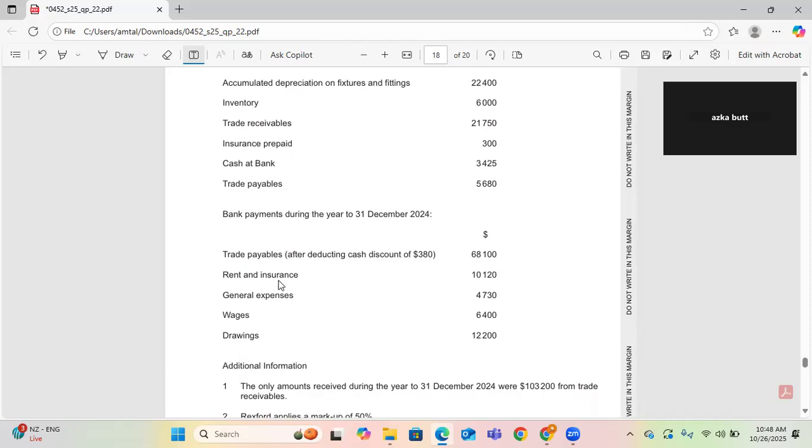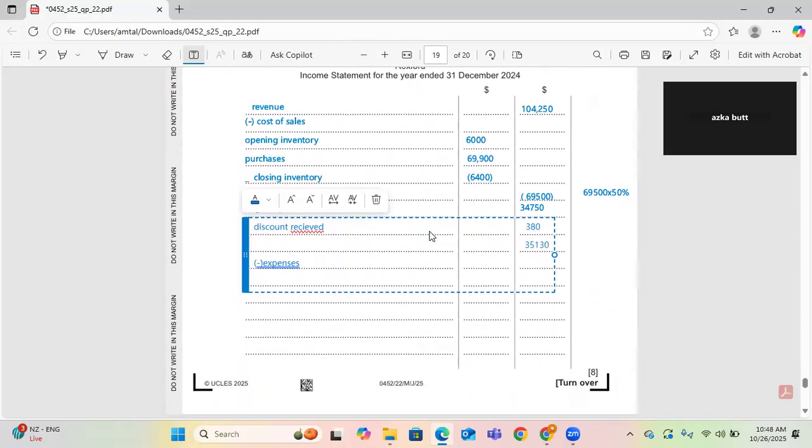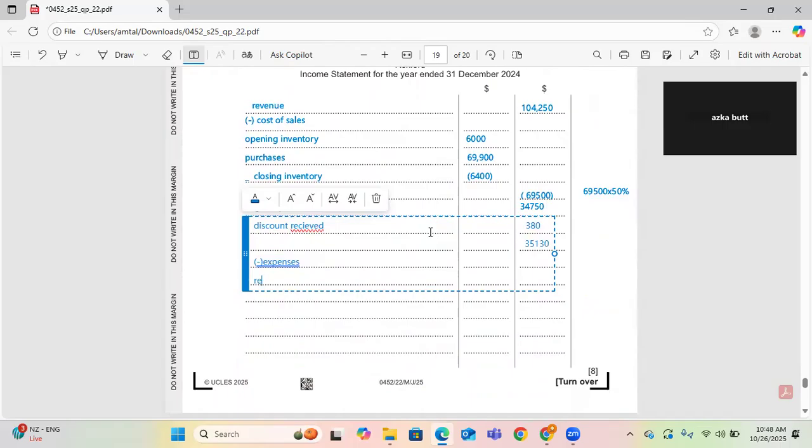And then we have rent and insurance, and that is 10,120. I guess there is no adjustment. So let's add these two, the rent and insurance: 10,120 plus 300, which is equal to 10,420.